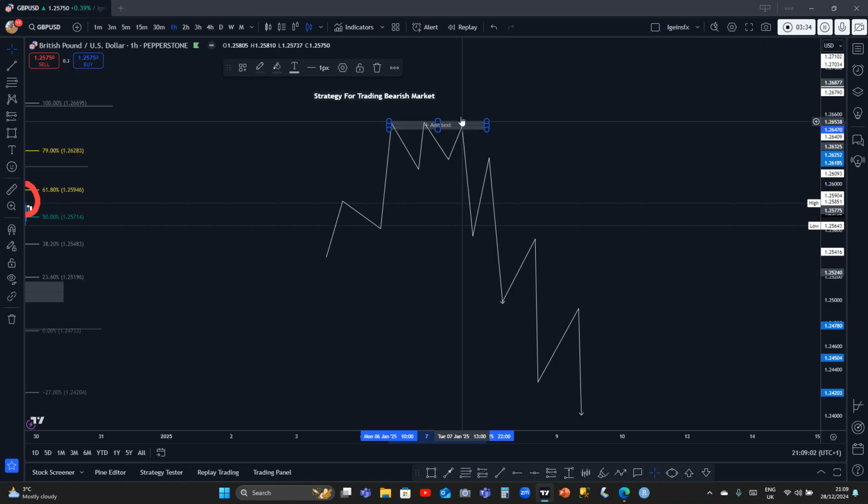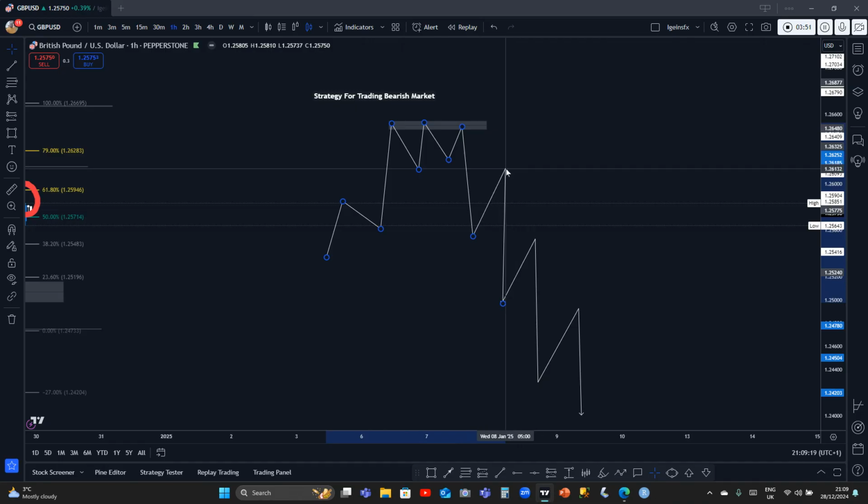Then the next move you see is for price action to sweep this level and start coming down. Change of character happens, then you see price action breaking structure to the downside. So these are the signs you will see for you to know that a bullish trend is now changing to become bearish.